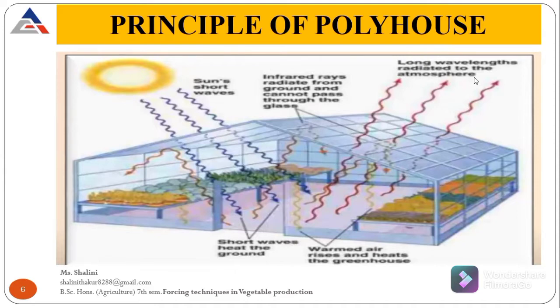The long wavelengths are radiated to the atmosphere. That's why the temperature inside the polyhouse is higher than the normal temperature, because it is conserving all types of waves as well as the gases.